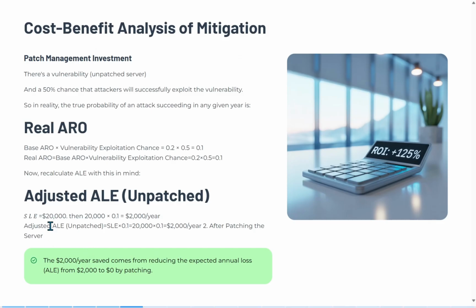Now we already have the single loss expectancy, which is 20,000. Then 20,000 times this one here will now give you 2,000 per year. So having this 2,000, you are going to lose just 2,000.